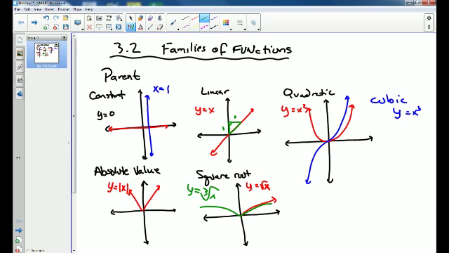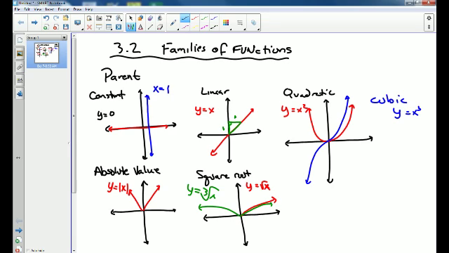There's your cube root function. It does pop up in calculus here and there.